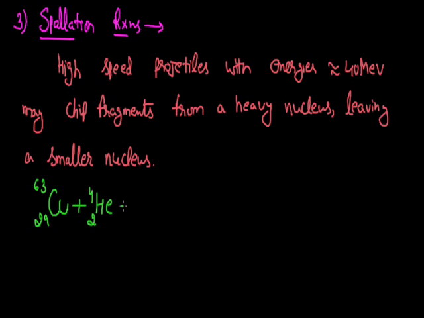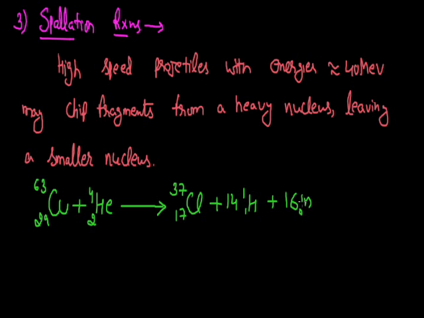Then by this bombardment of helium on the heavier copper nuclei, it results in the formation of a smaller nuclei, and the smaller nuclei is chlorine here with the mass number 37, and the rest of the atomic mass is converted into very small fragments of elementary particles, here approximately 14 protons with the formation of 16 neutrons.